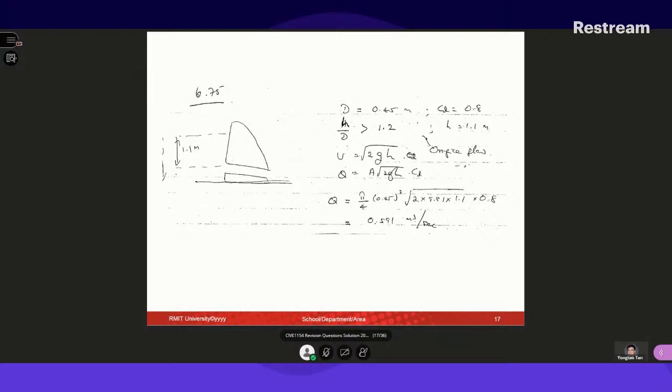We can easily find that H over D is larger than 1.2, so the entrance is submerged, and the exit is not submerged. So in this case, I think we use the orifice equation.